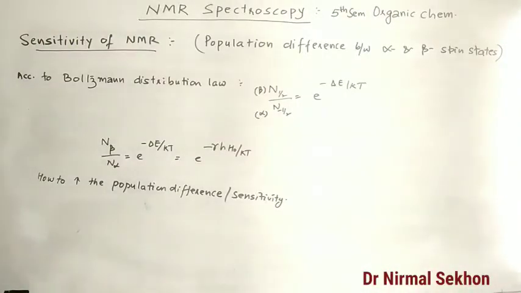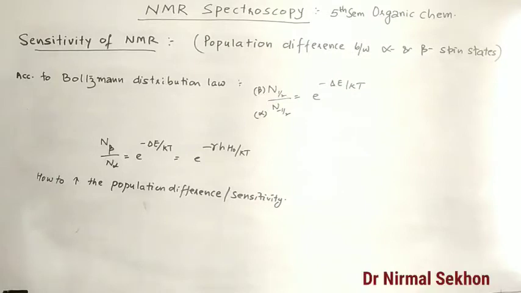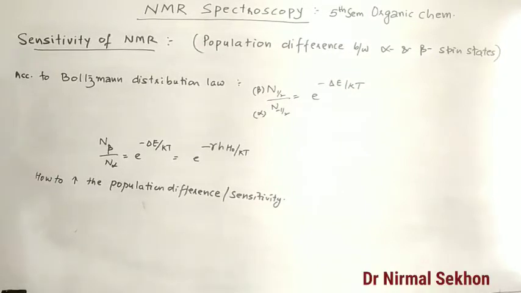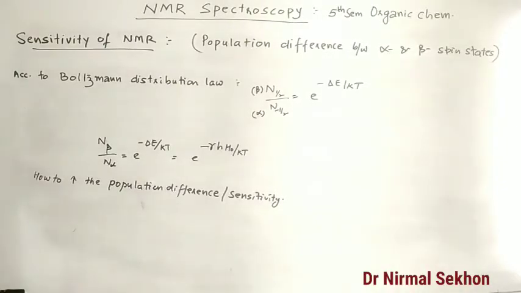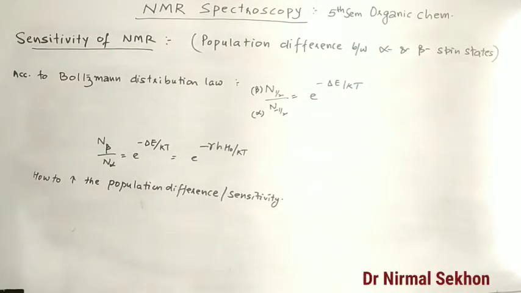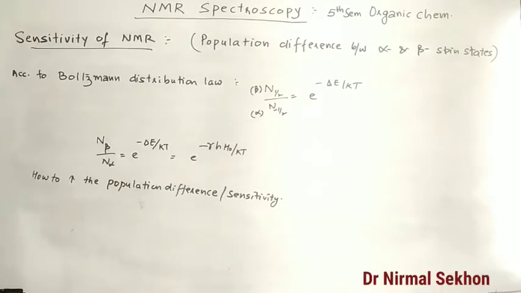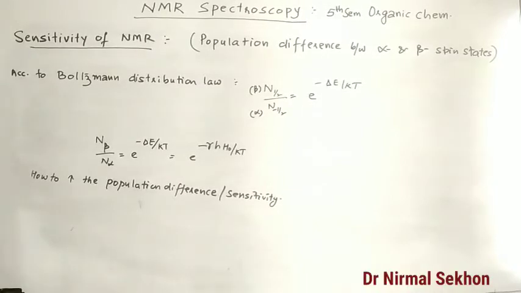Next is the sensitivity of NMR. Sensitivity means how the molecules respond towards NMR spectroscopy. We can judge that from the intensity and clarity of peaks. Basically, the sensitivity of NMR is less compared to ultraviolet and IR spectroscopy. This depends upon the population difference between the alpha and beta spin states.